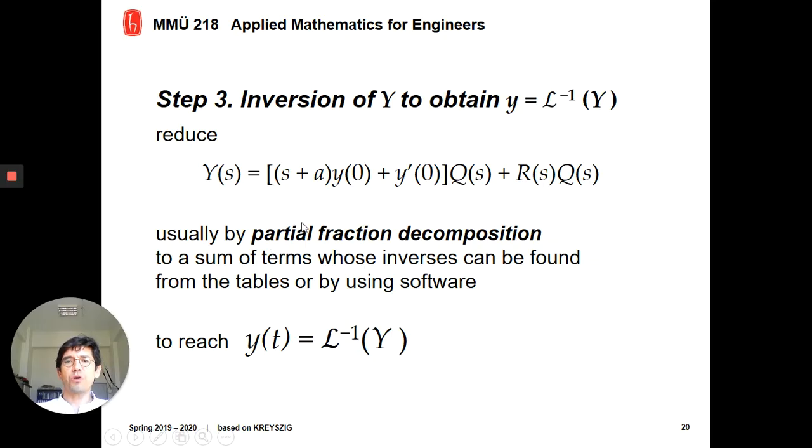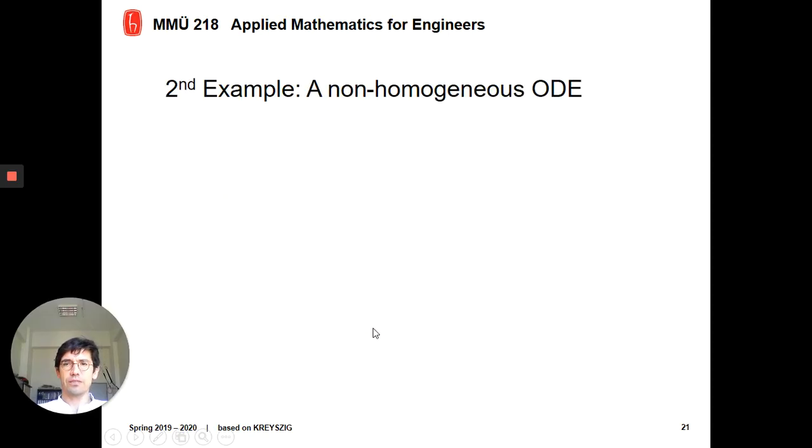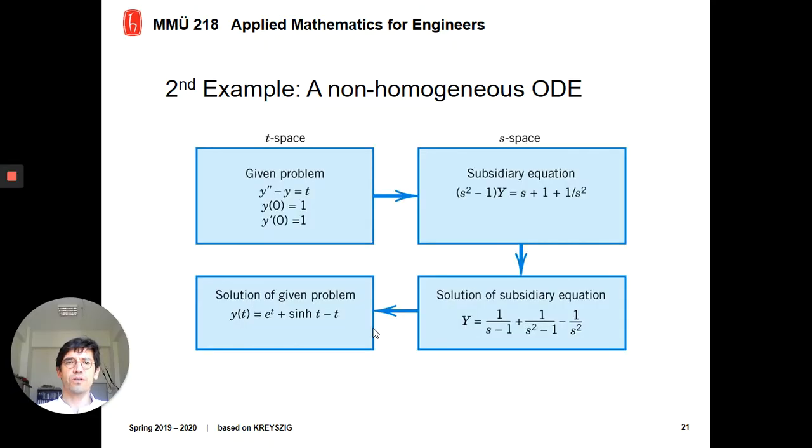Usually by using partial fraction decomposition or your wisdom or some tricks, you can find the inverse Laplace by sorting out the s terms over here into a nice and recognizable way. Or you can use a software to find the inverse Laplace of your expression to reach the y of t. That's pretty much our methodology to solve an ODE.